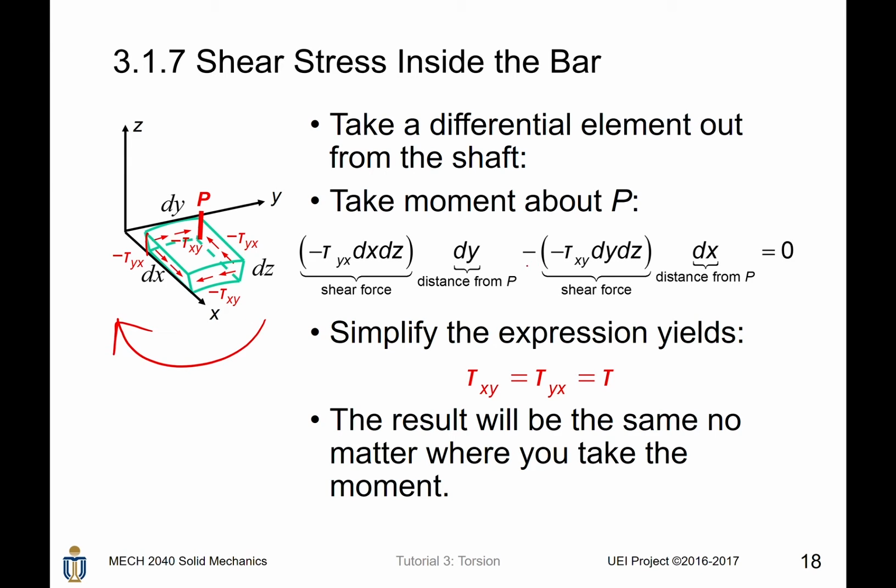So this is why there is a negative sign in between. By simplifying the above expression, we have dx dy dz, and then what we are left with is tau xy equals tau yx, equal to the magnitude of the shear stress. The result will be the same no matter where you take the moment.